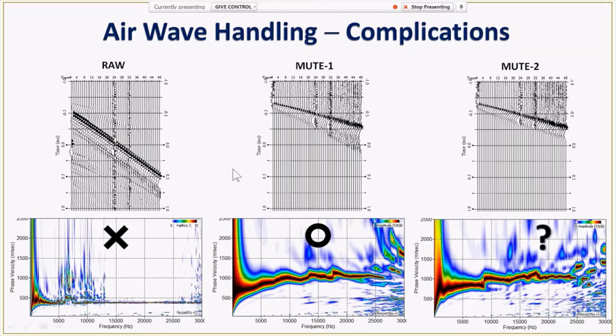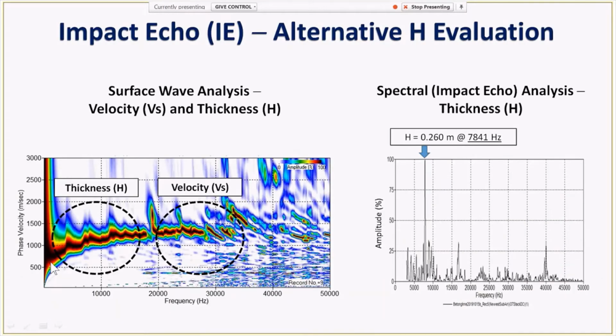And once we construct a very good dispersion image like this, we go to the high frequency portion, which is very important to evaluate shear wave velocity very accurately. And then we go to a little bit lower frequency part where the dispersion trend becomes a little bit curved.